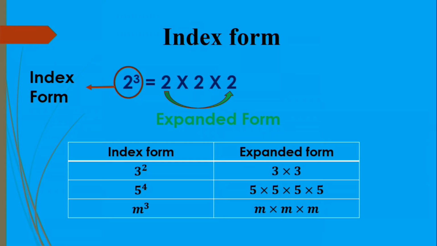Here you can see that 3 to the power of 2 is in index form, whereas 3 times 3 is the expanded form. Similarly, 5 raised to the power of 4 is the same as 5 times 5 times 5 times 5. m to the power of 3 is the same as m times m times m.